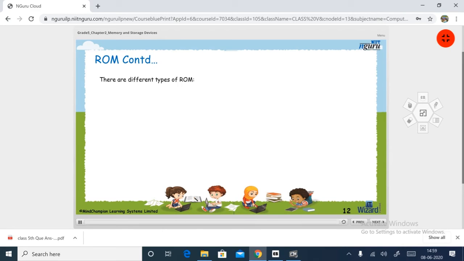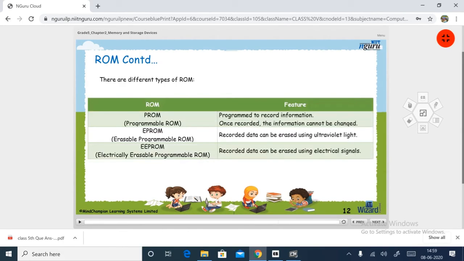Some different types of ROM are, first, PROM. PROM means programmable read-only memory, and its feature is that it is programmed to record information. Once recorded, information cannot be changed. Next is EPROM, erasable programmable ROM.